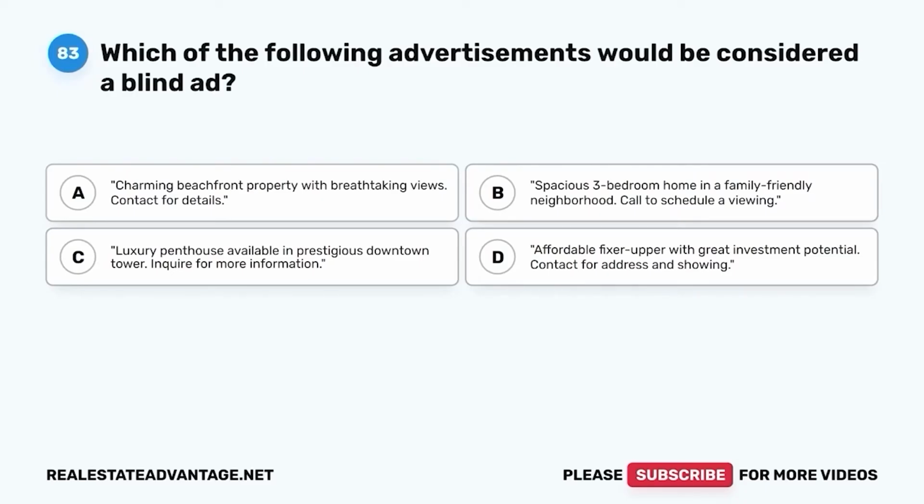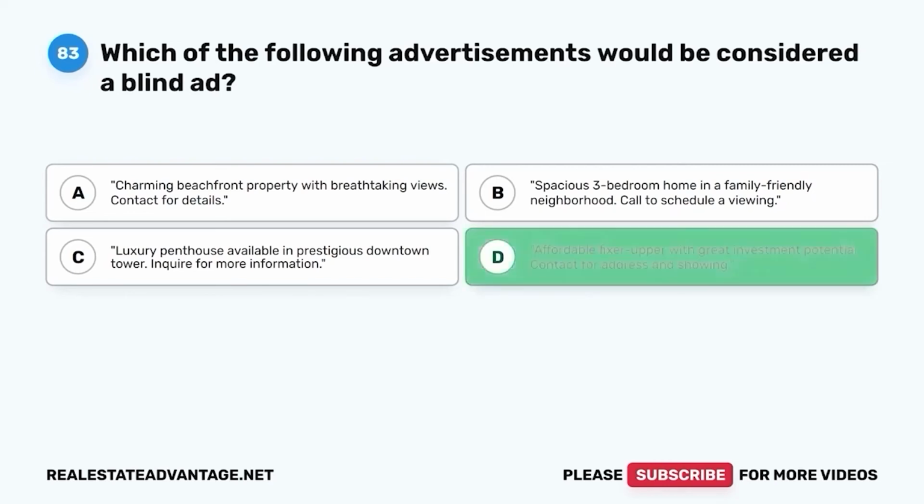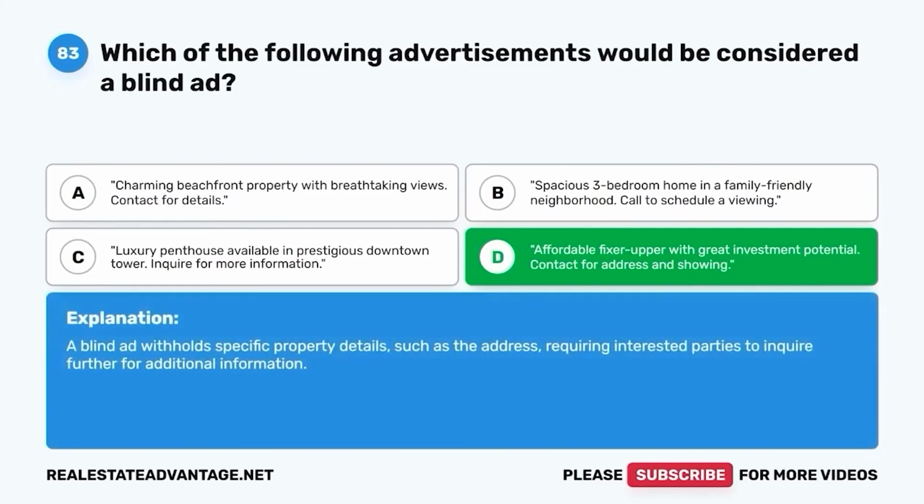D. Affordable fixer-upper with great investment potential. Contact for address and showing. The correct answer is D. Affordable fixer-upper with great investment potential. Contact for address and showing. A blind ad withholds specific property details, such as the address, requiring interested parties to inquire further for additional information.